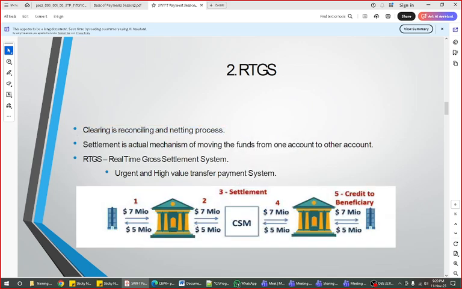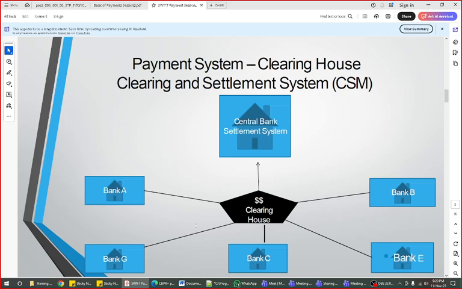So don't consider it this simple, as if there are only two banks involved. There can be thousands of banks connected through RBI in India. After that the reconciling happens. So it is a broad scenario. At the end of the day, RBI, or the central bank system in RBI, will say, okay, HDFC Bank has to send 1000 crore to ICICI Bank, and ICICI Bank has to send 190 crore to Bank C, a cooperative bank.